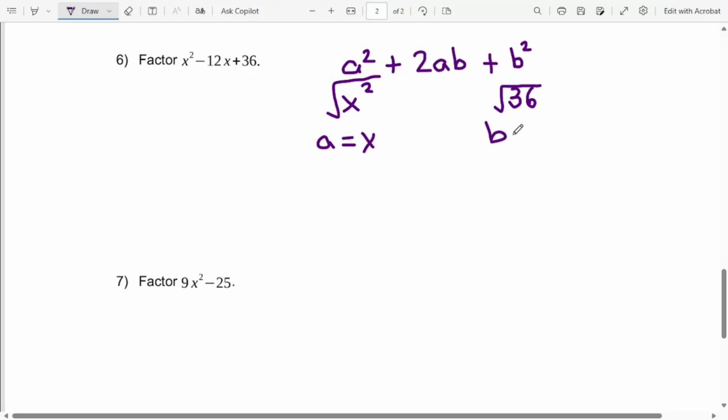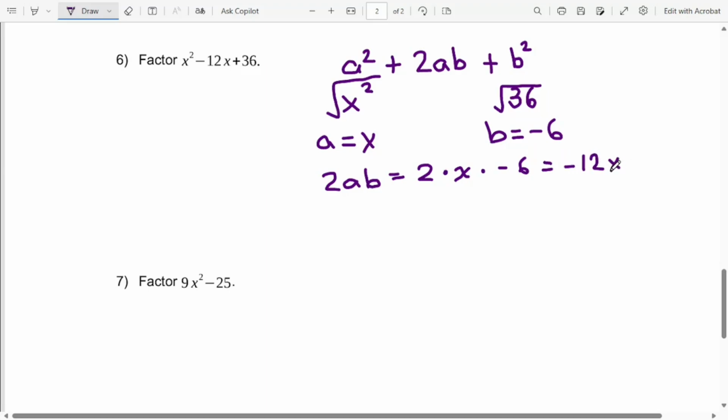and b is, well, we have a negative 12 here, so I'm going to go for negative 6, because negative 6 times negative 6 will also give me positive 36. 2ab is going to be 2 times x times negative 6, which is going to give me my negative 12x.